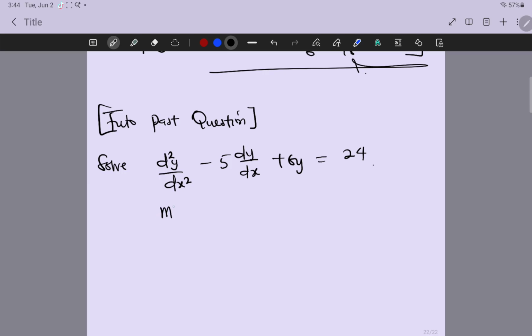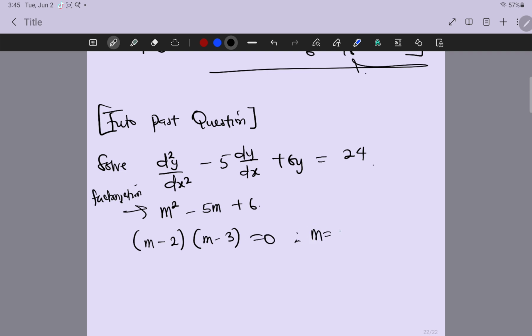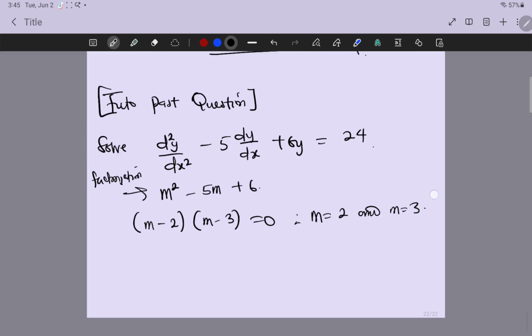The auxiliary equation is m squared minus 5m plus 6, right? Of course, we all know that this factorizes as (m minus 2)(m minus 3), and we have it equal to 0. So it means that m is equal to 2 and m is equal to 3.